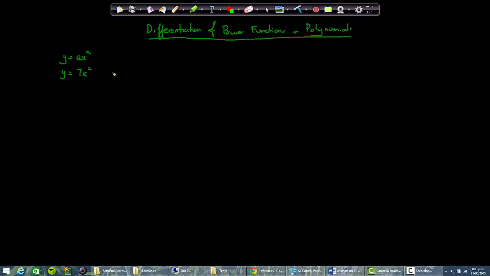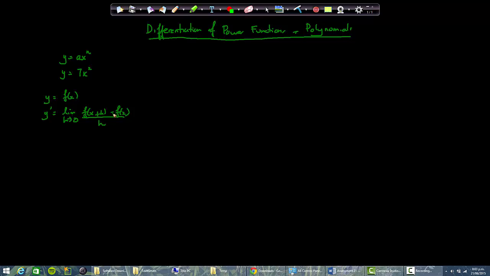And what we're trying to look for is some way in which we can shorten this rather long method of deriving. Now you might recall from first principles we have to figure out this limit, and that is a rather long process.